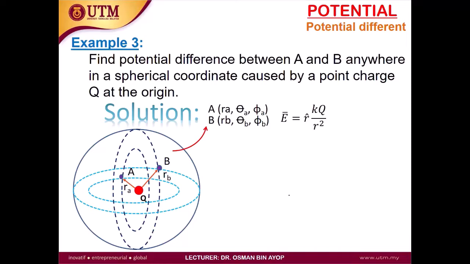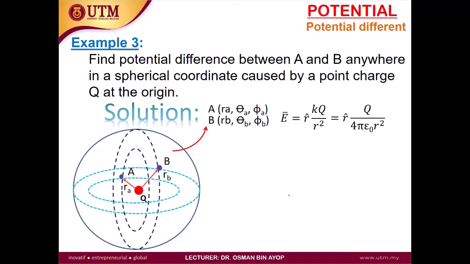The electric field due to the point charge is equal to kq divided by r squared in the unit vector direction of r. This is what we discussed in chapter 2. And we can change k to 1 over 4 pi epsilon naught.